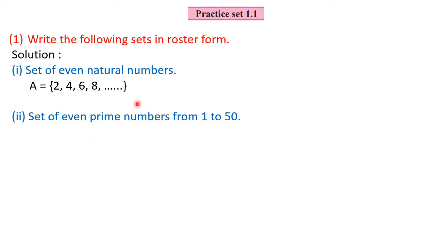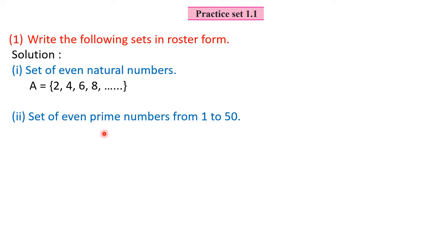So all of you know the meaning of prime number. And you have to write down even prime numbers. This is important. Not only prime numbers, even prime numbers. Now think of the numbers. 1 is neither prime nor composite. Okay, so you are not going to consider 1. And the next prime number is 2, which is even.